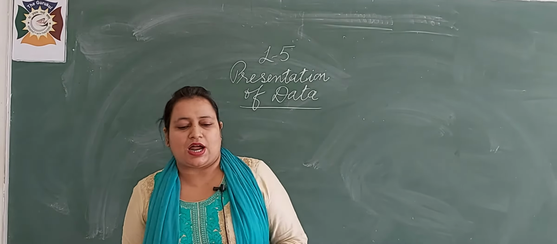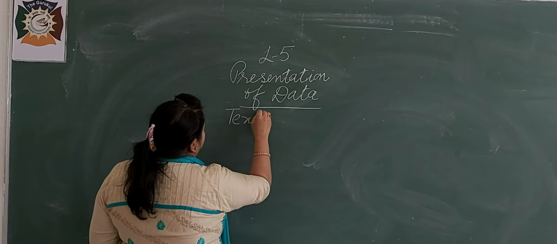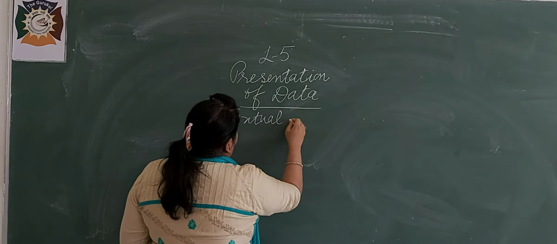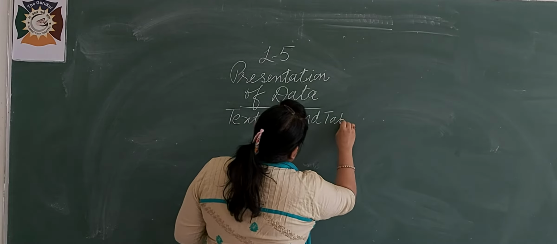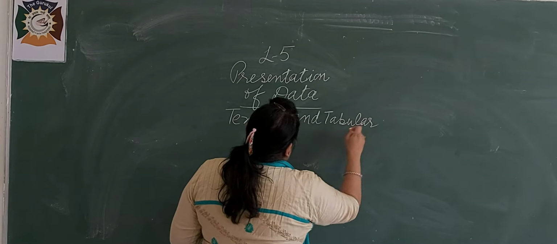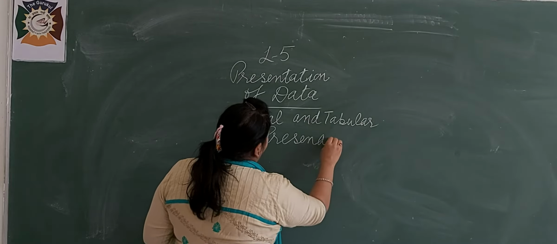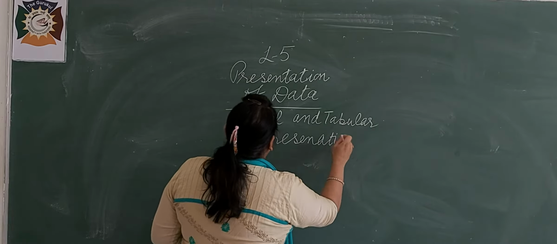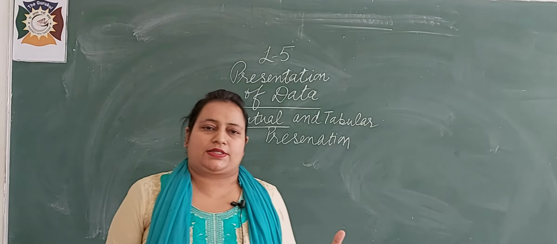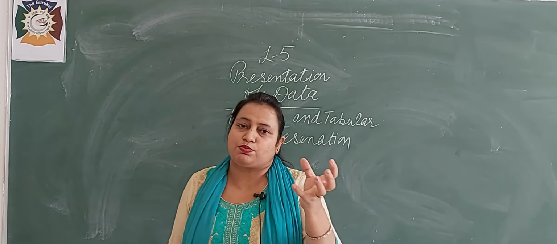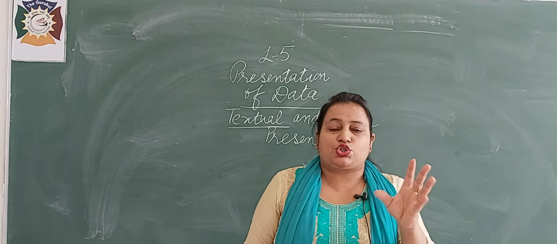Today we shall start textual and tabular presentation. I am telling you about the textual presentation and tabular presentation. When data is present in the form of text, like a textbook, that is known as textual data.